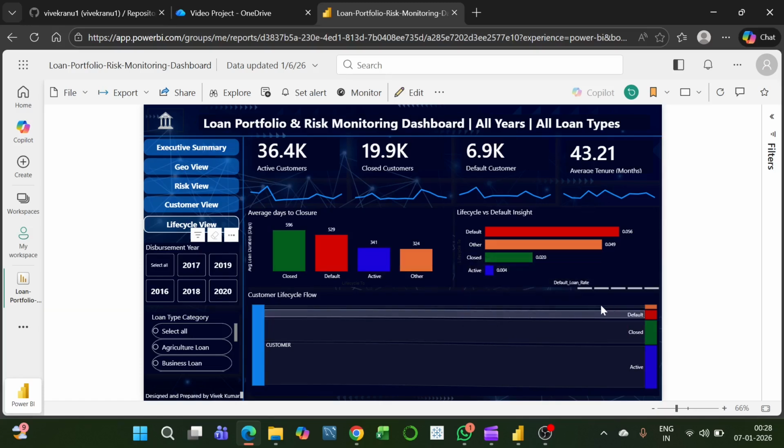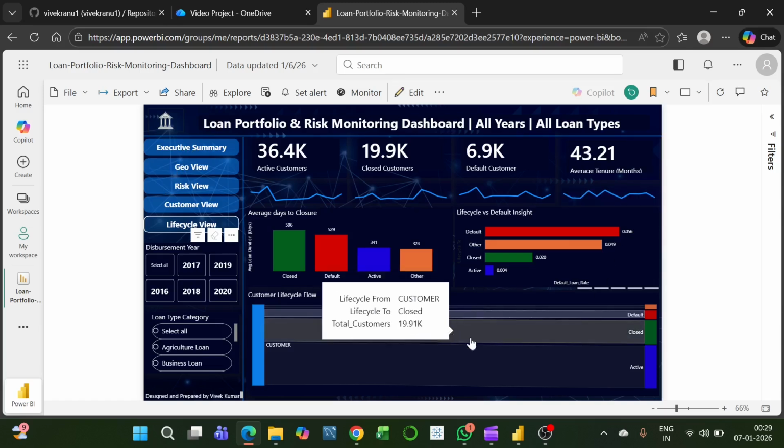One key insight here is that loans which eventually default tend to have higher average tenure and higher outstanding exposure. This view is extremely powerful for early interventions because it highlights exactly where in the life cycle risk starts to build.